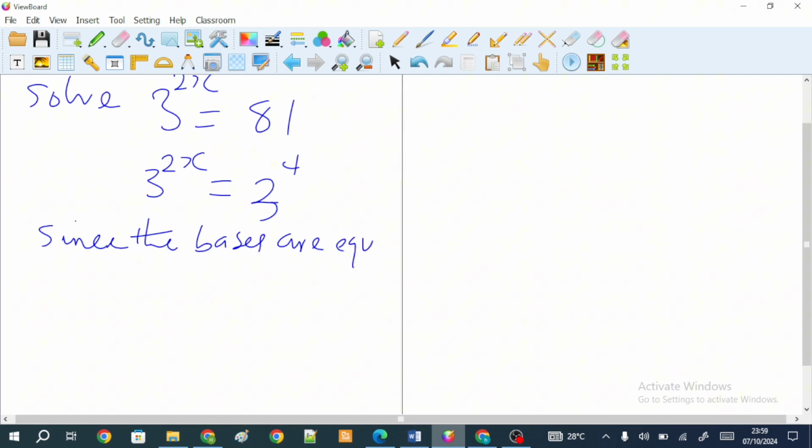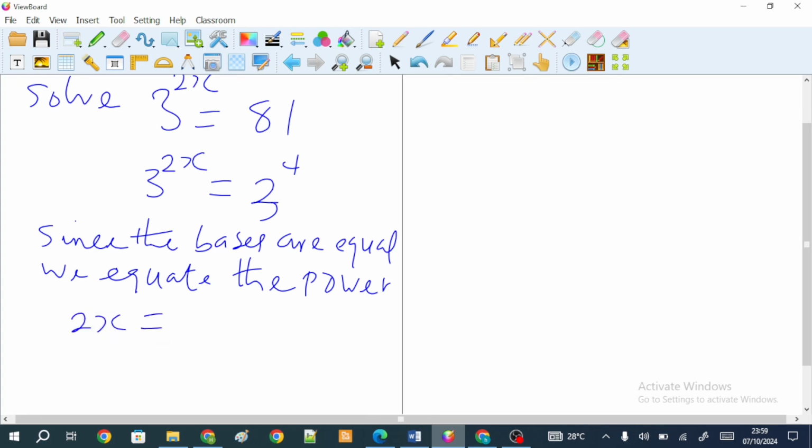Since the bases are equal, we equate the powers. You can say we equate the indices. On the left hand side, the power is 2x. On the right hand side, the power is 4.